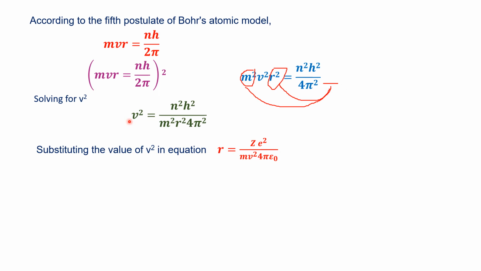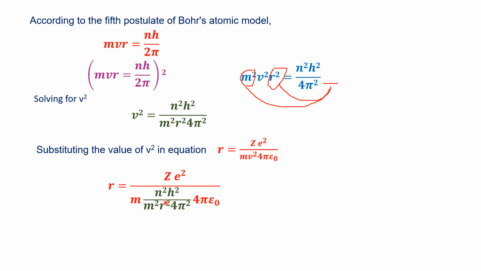Now putting the value of v square in the equation of radius, that is r is equal to ze square m v square divided by 4 pi epsilon naught. Now putting the value of v square from this equation into this equation, we will get r is equal to ze square divided by m, and this green value is the value of v square in this equation, 4 pi epsilon naught.